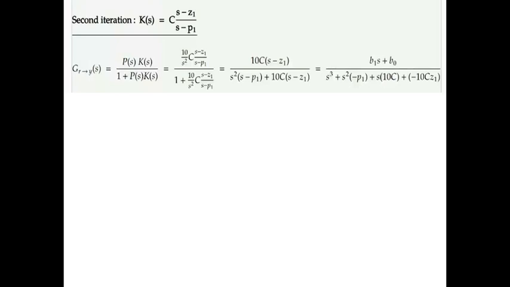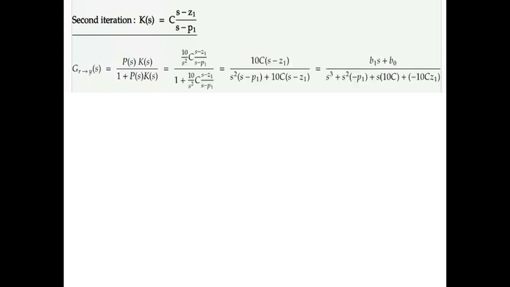So we try to make the cubic denominator in terms of the second order solution which we obtained, and another term that would not have a dominant effect; except for the second order system that we had solved, the other part won't have much effect.